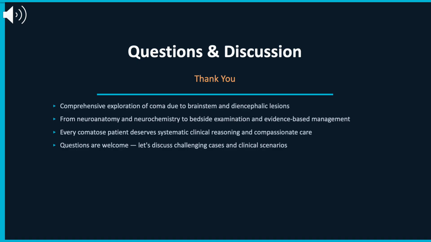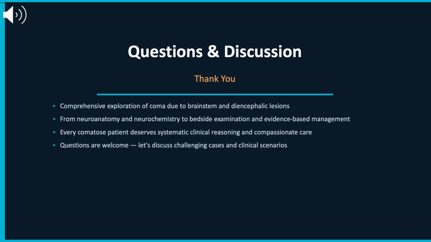The care of comatose patients represents one of the most challenging areas in clinical neurology and critical care medicine. These patients cannot tell us their symptoms, cannot cooperate with examination, and often have uncertain prognoses that place enormous emotional burdens on their families and on us as clinicians.